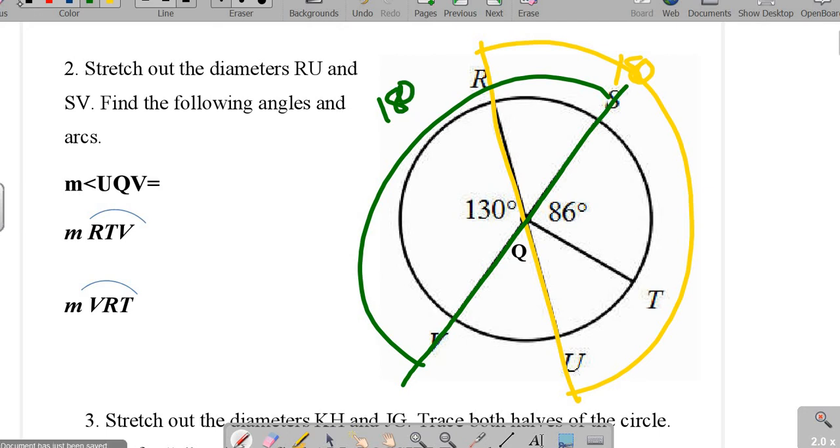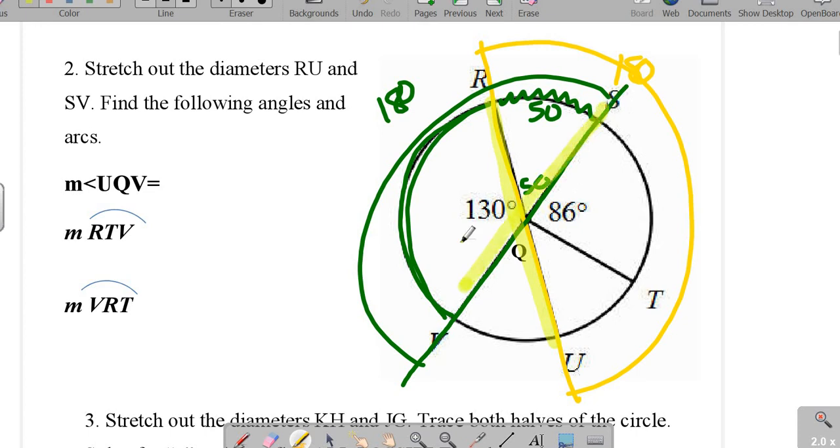Let's keep in mind that's 180. So first thing we're going to do, we're going to follow this green arc, trace this. This is 130. That means from here to here is 50. What makes this 50? I'd like you to physically connect RU, SV. Do it again. Trace, RU, SV. One more time. RU, SV.